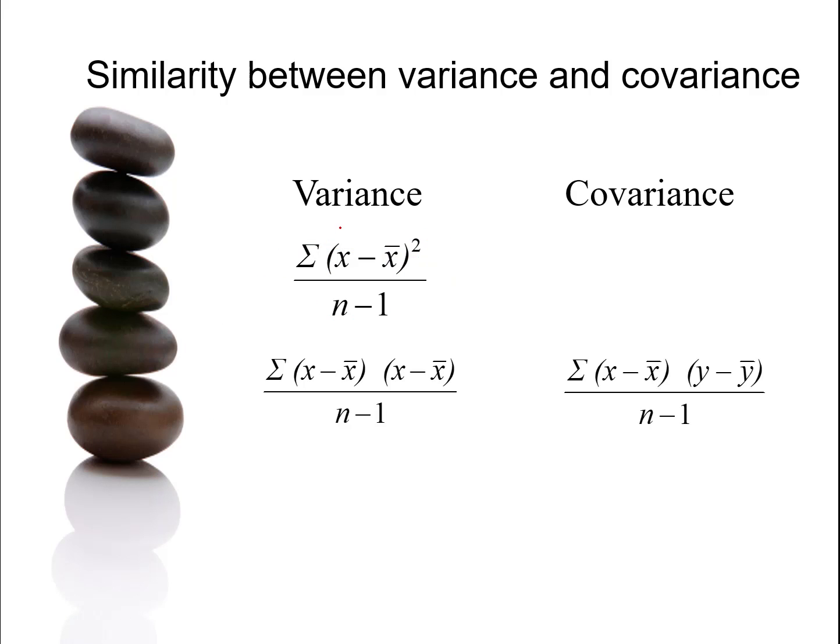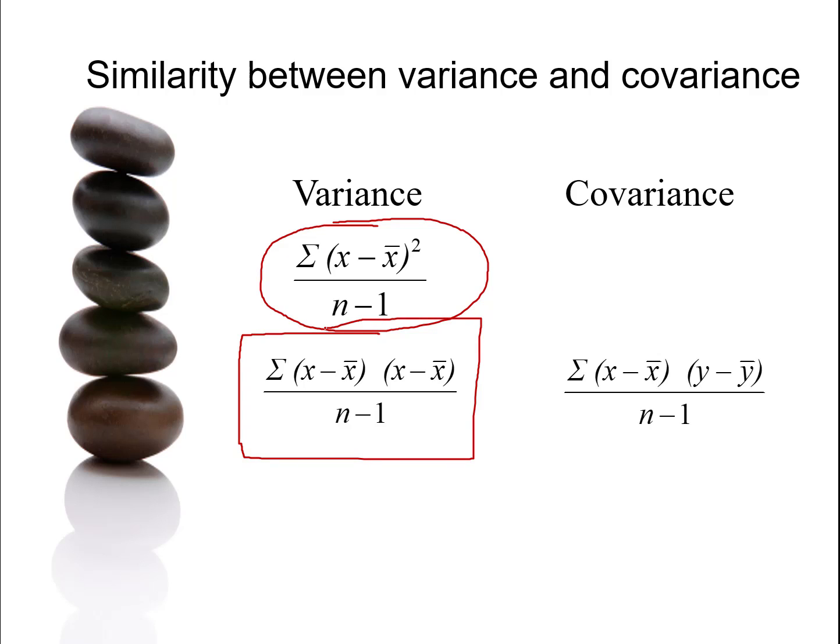Now, I have this on the top here, I have the regular way we write the formula for the variance. Right underneath, I've written this formula out the long way. It's an alternate way of writing the exact same formula. And instead of saying x minus x bar squared, I say x minus x bar times x minus x bar. So it's the exact same thing. I've just written it out the long way.